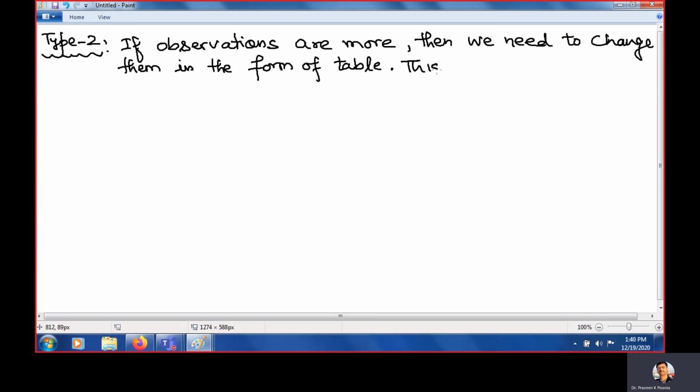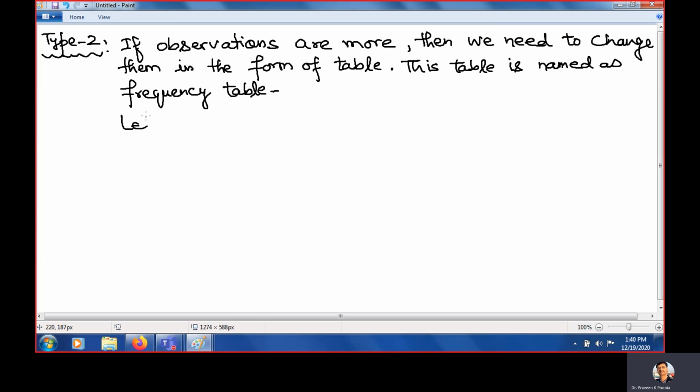This table is named a frequency table. Clear? So how are we going to do it?